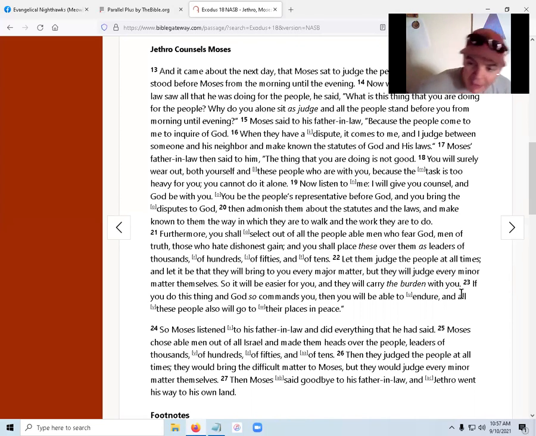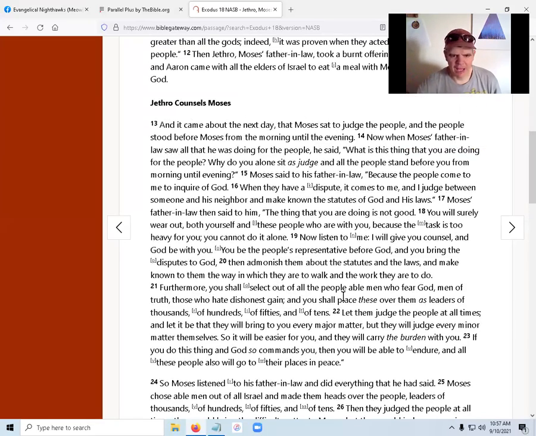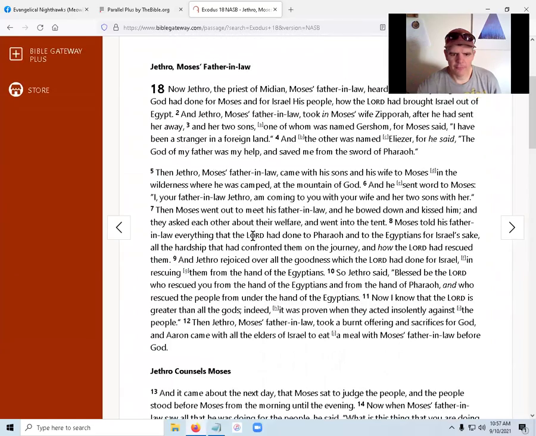All right, back to law, L-A-W. Moses' father-in-law. Okay, let's look for some actual laws. If we're going to assume chronological, the chapters in the Bible and the books generally go in chronological order, very generally.